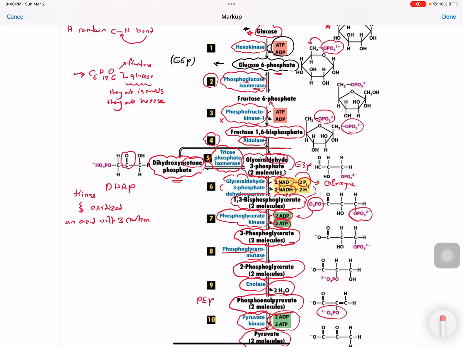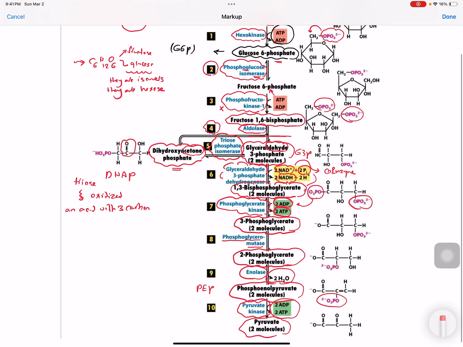Glyco means sweet, and lysis means split, in which one molecule of glucose is converted into molecules of pyruvate, that is acid.